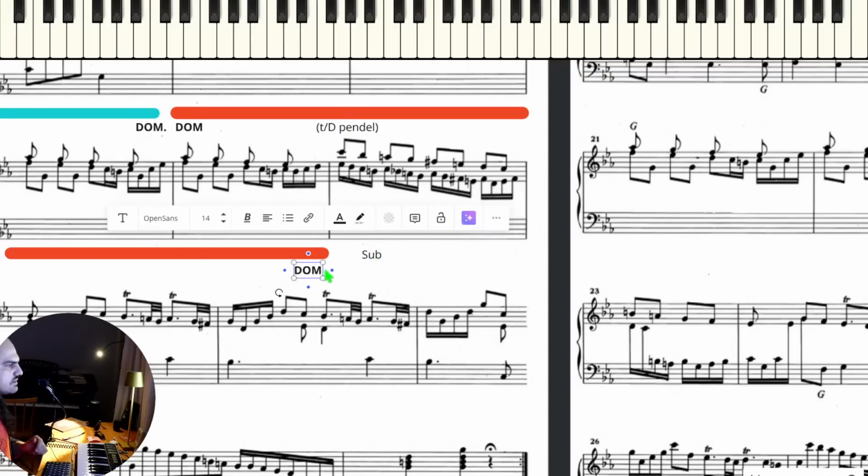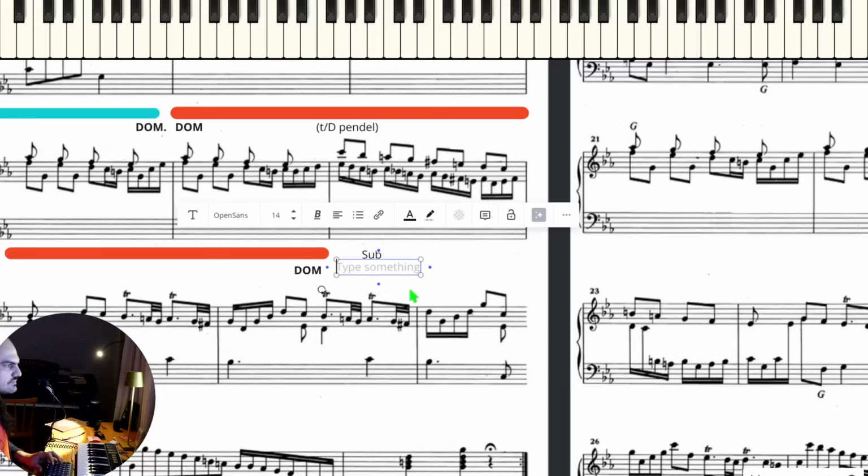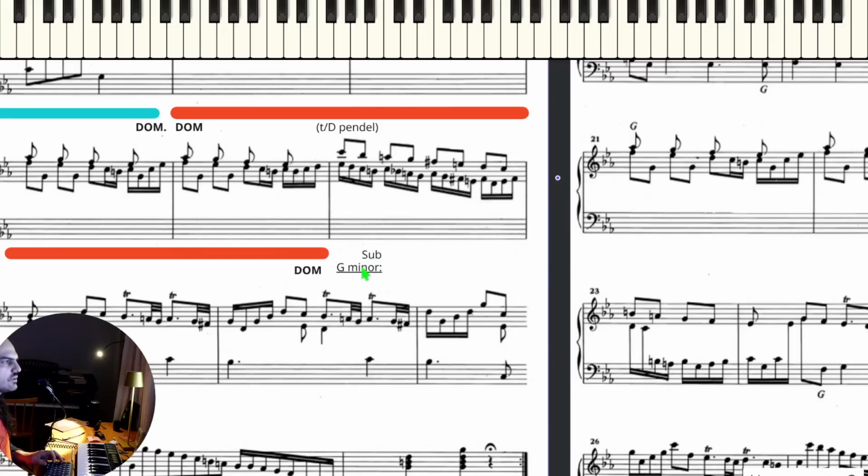Of course, it is missing a key change. Then the key change we write in per extenso, so the whole word. I don't have space here.